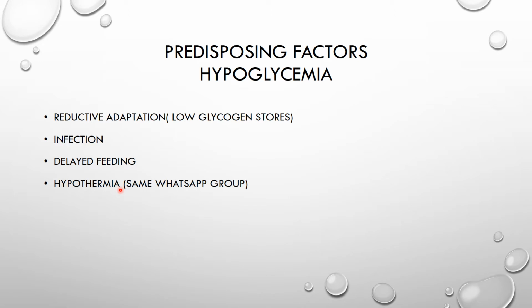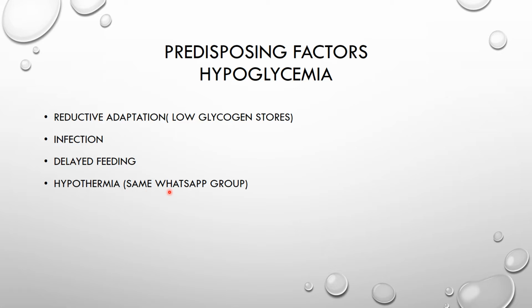We usually say that hypothermia and hypoglycemia are in the same WhatsApp group, and by this we mean that hypothermia can cause hypoglycemia, whilst hypoglycemia can also cause hypothermia. This is because if the patient is hypothermic, then the body has to raise its basal metabolic rate to try and generate heat, and by doing that it uses up more glucose, and it then goes into hypoglycemia.